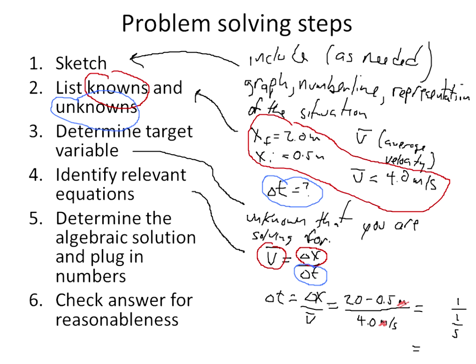And that, of course, means seconds. And then 2 minus 0.5, so that's 1.5 over 4. And if we figure what that is going to be, 0.375 seconds.